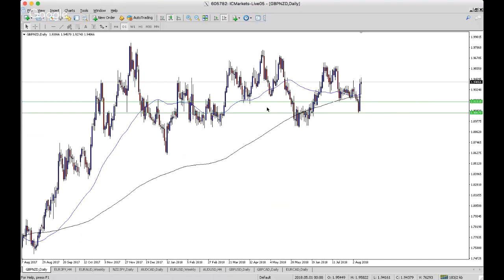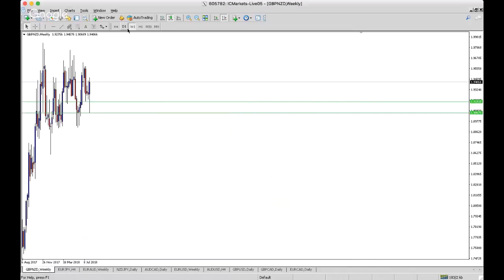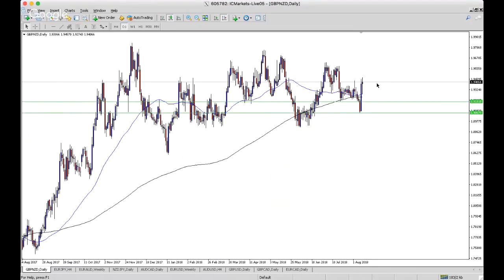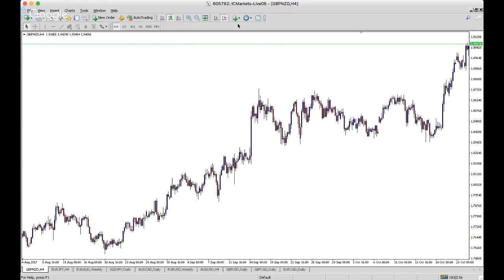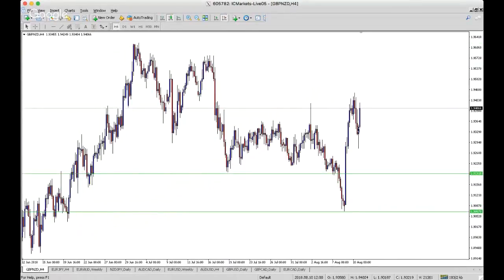So upon knowing, as I say, I already identified that for my weekly I'm only looking for a buy opportunity. So in this case, I will be expecting the market to go down in H4, which is my entry time frame. If my entry time frame is H4, I'll be not hoping, I'll be expecting the market to go down, up to here and here, and I should wait for an entry signal.